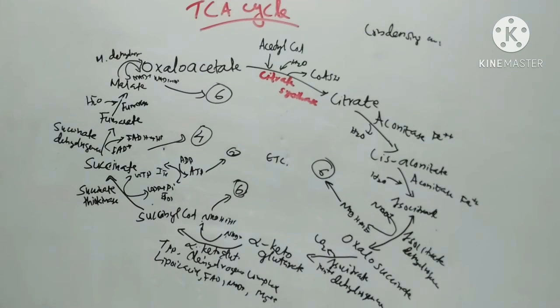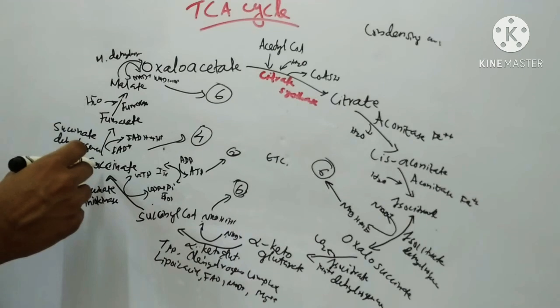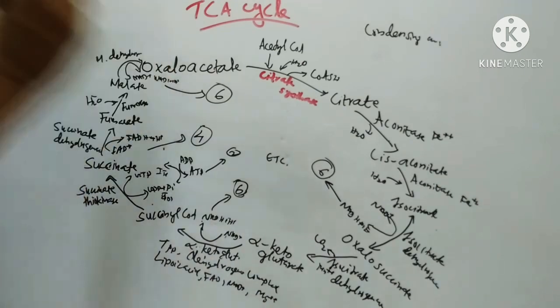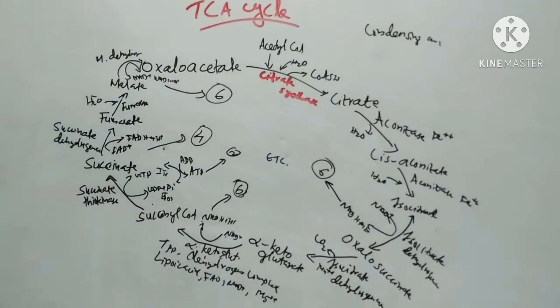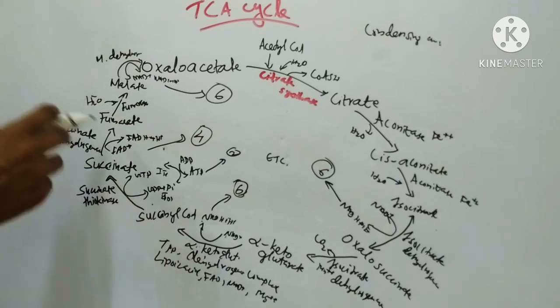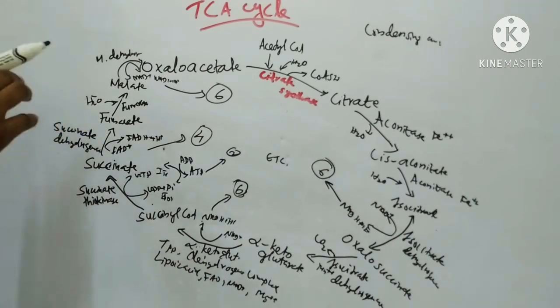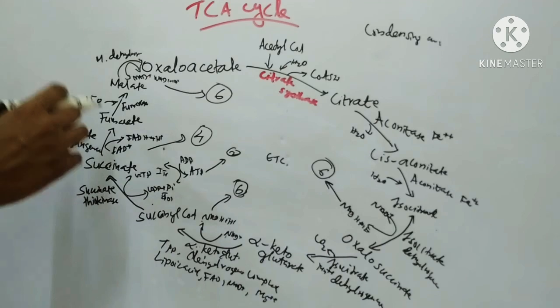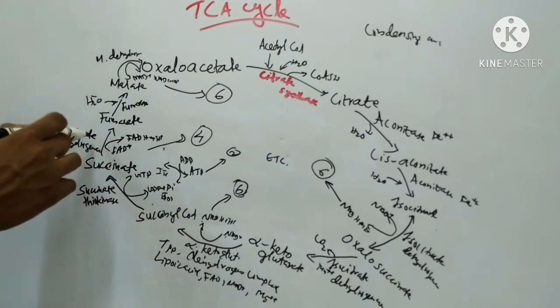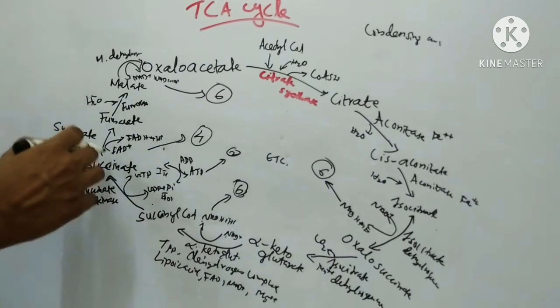So stage 4 involves 3 successive reactions in which succinic acid or succinate is converted to oxaloacetate. The first step is oxidation of succinate to fumarate, which is a dehydrogenation reaction catalyzed by succinate dehydrogenase. Here the hydrogen acceptor is FAD.